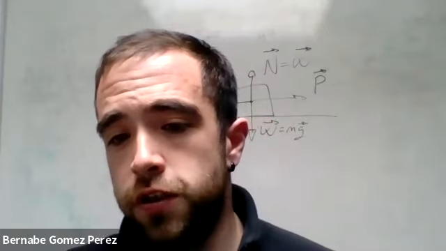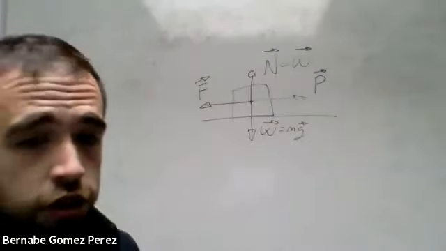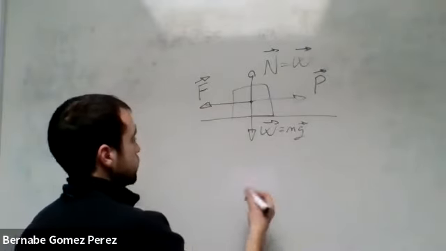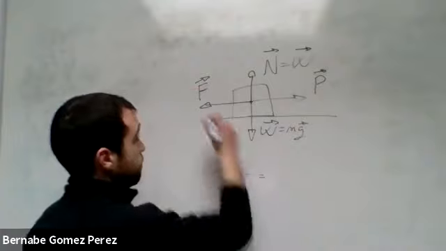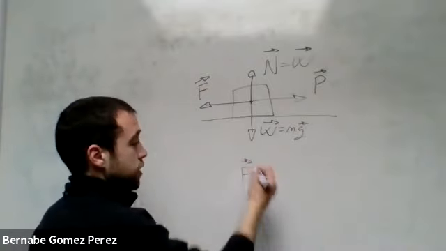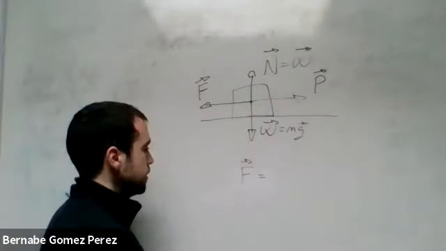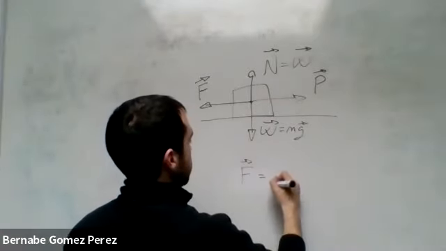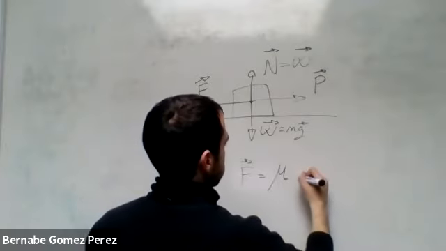And then we are asked, what minimum horizontal force must the monkey apply to start the box in motion? Well, we know the coefficient of static friction, which is 0.4. And we know that the friction force is related to the normal force, which we can calculate through the mass and gravity. So we know that it's gonna be mu multiplying mg.